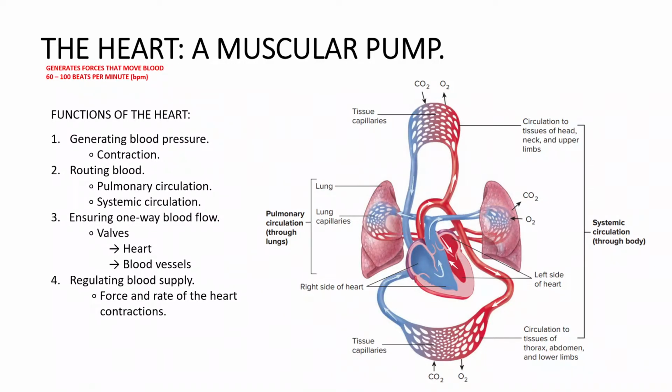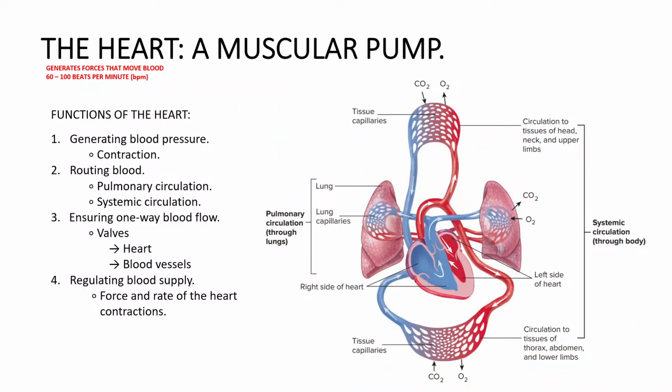Myo simply means muscle, cardia simply means the heart. So when the muscles of the heart contract, the heart produces force that pushes blood to the various places that blood is essentially needed. And then the second function of the heart is routing blood, giving blood a sense of direction.